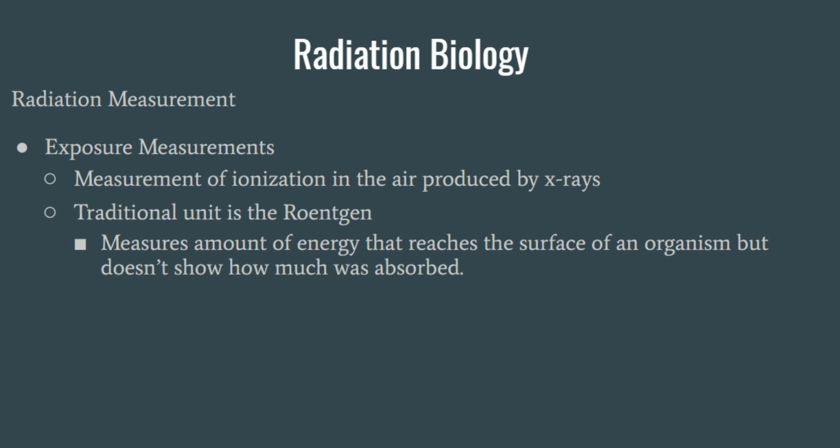So we have a known volume of air that is exposed to radiation, and we know that it reaches the surface of the organism, but we don't know how much of that was actually absorbed into the tissue. So essentially, measuring with a roentgen is limited because we need to know that volume of air.